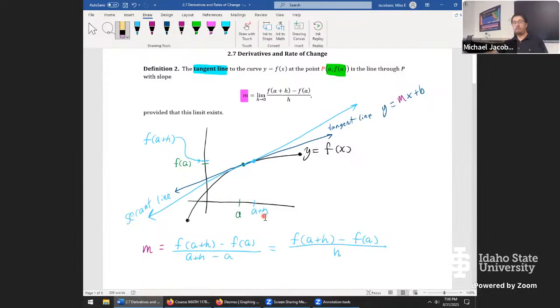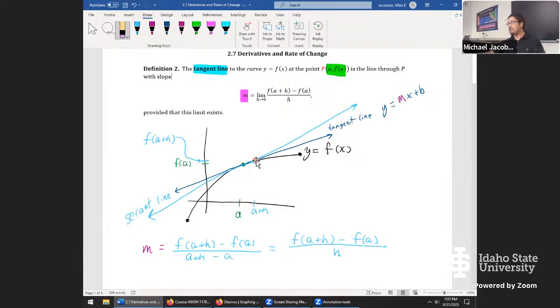No matter how big or small h is, it's just not allowed to be 0, because if it is, you divide by 0 right exactly there. So h is always non-zero, unfortunately. It means you can't just put a number here and get the exact slope of the tangent line. You have to approximate. Or here's the other idea. Take the limit as h gets smaller and smaller and smaller.